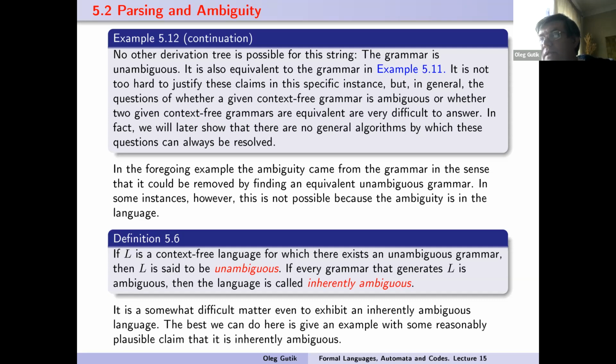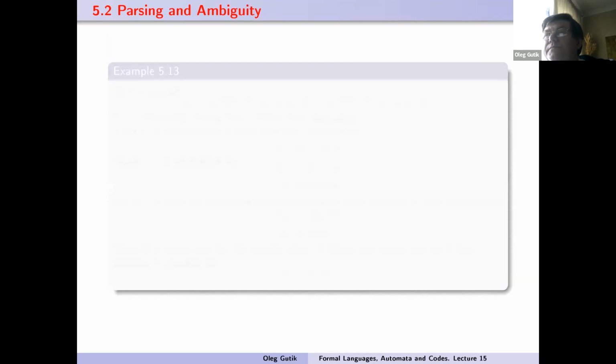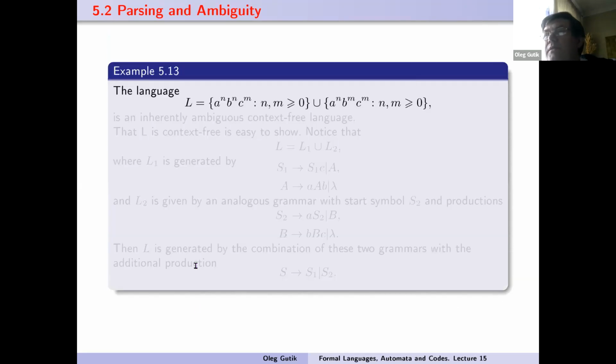The best we can do here is give an example with some reasonably plausible claim that it is inherently ambiguous. Example. The following language L, which contains words of such form, is an inherently ambiguous context-free language.